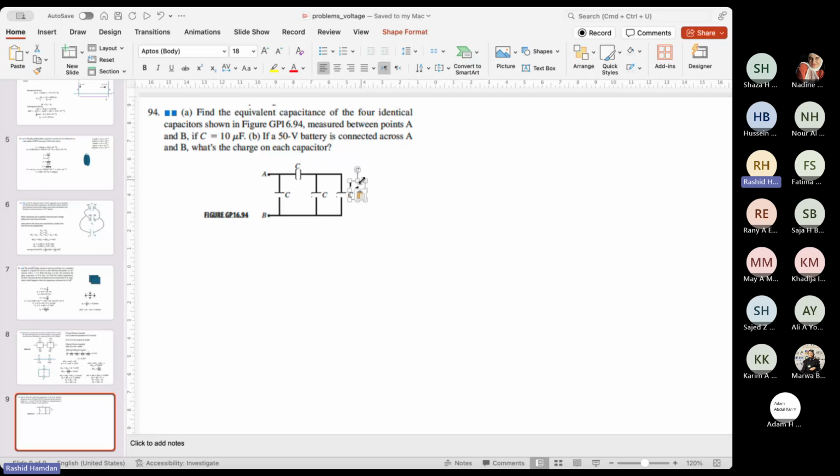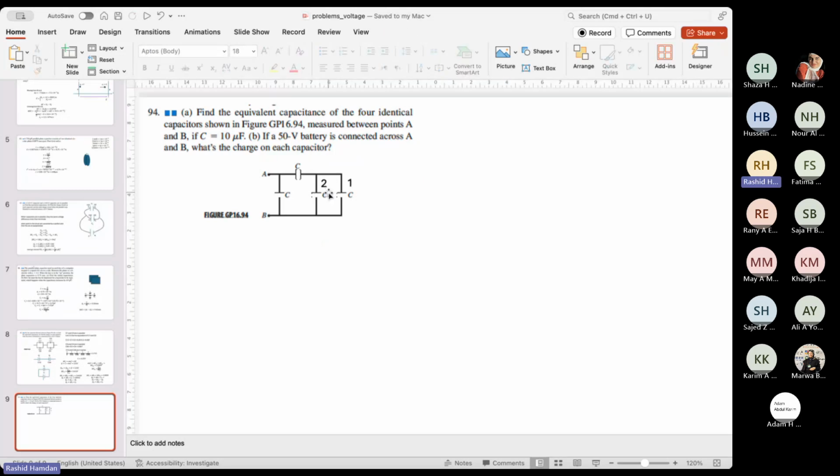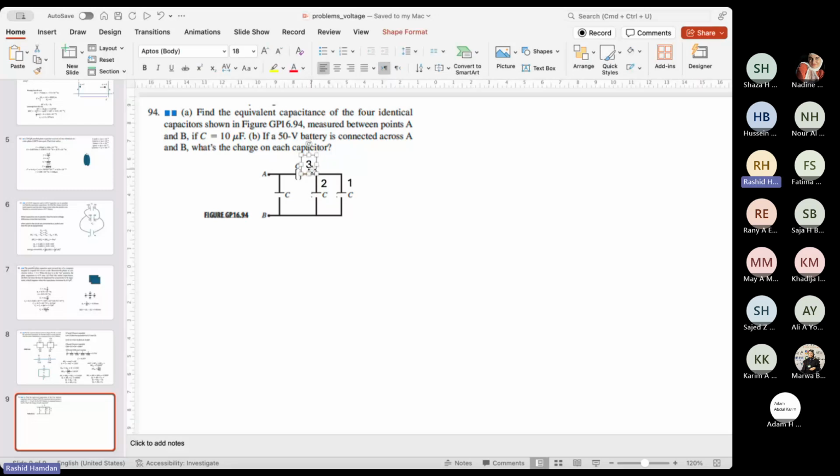So see, labeling is very, very, very important because it tells me what I'm talking about. So we don't get confused without knowing what we are talking about. This is 2, this one 3, and this one 4.